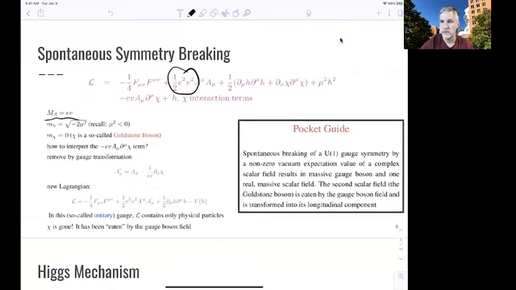All right, so this is interesting. So we used this new scalar field to break spontaneously the symmetry, and then a mass term appears which is proportional to the strength of the coupling and the vacuum expectation value. So the mass is generated through the spontaneous symmetry breaking and the coupling to the field.